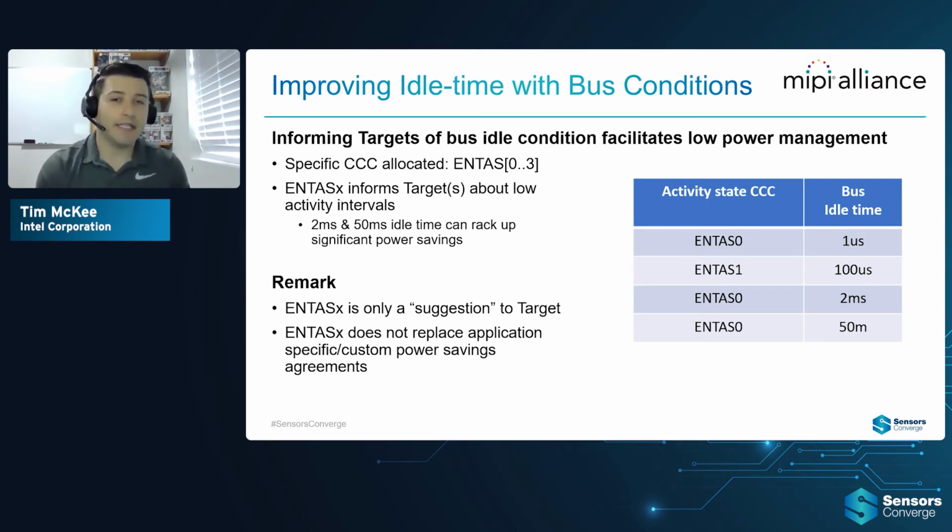And these activity states allow us to enter different bus idle times and allow different entry and re-entry into activity, right? And so by negotiating on your bus, sending different CCCs, you can enter these different activity states and save energy on your system.